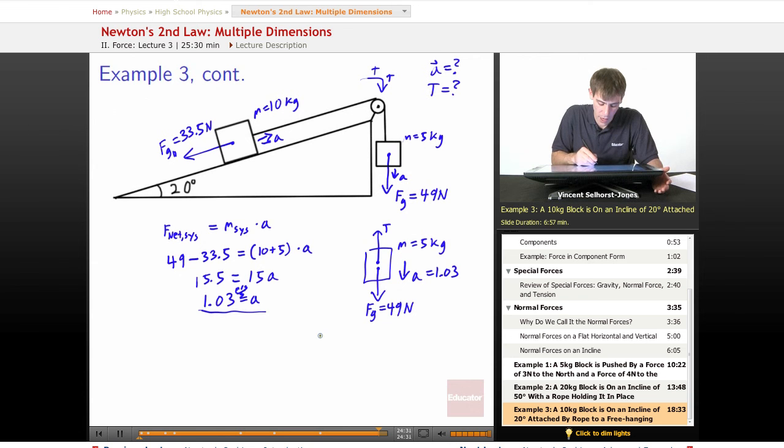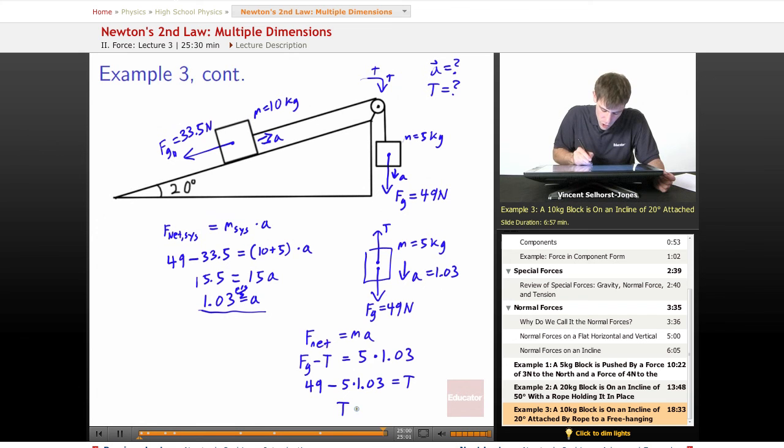We've got that the net force is equal to the mass times the acceleration. So we've got Fg, because that's the positive direction, minus T is equal to 5 times 1.03. So 49 minus 5 times 1.03 equals the tension.